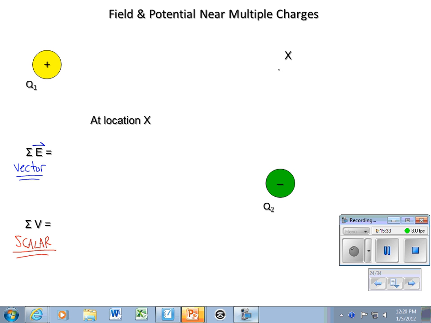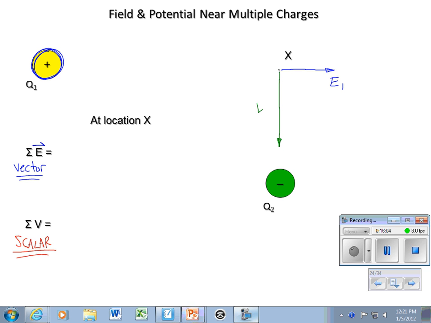So first for field, what we can do for sure is draw it. I'm going to turn this one into a blue one. At location X, there's a field from charge 1 that I'll call E1 that points away because it's a positive charge. Fields point away from positive charges. And there's a field from charge 2 that looks like this.